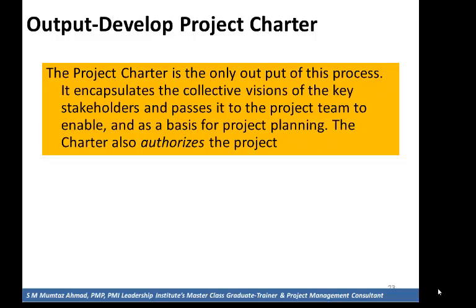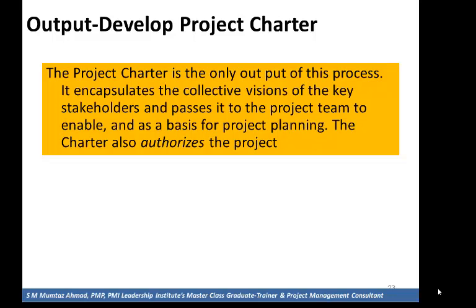Project charter authorizes the manager to apply resources to project activities. The project is authorized by someone external to the project, such as a sponsor, PMO, or portfolio steering committee. The project initiator or sponsor should be at a level that is appropriate to the funding need of the project.